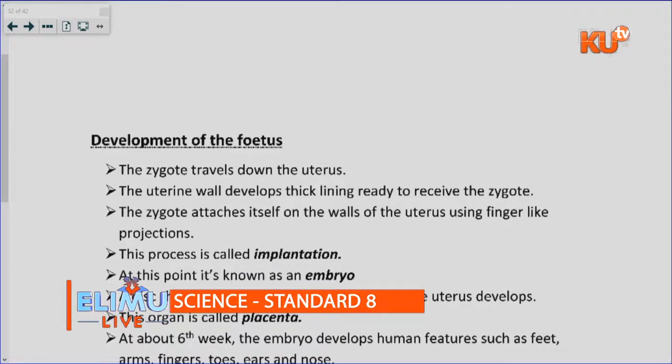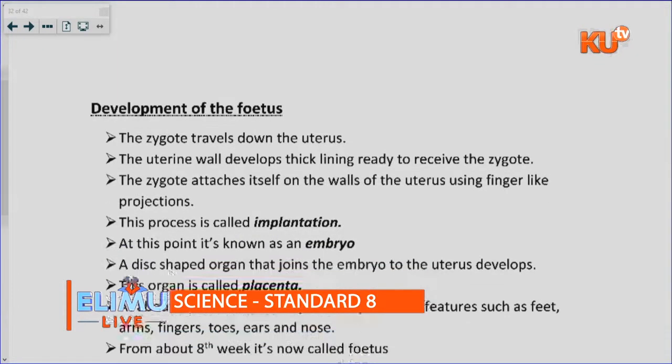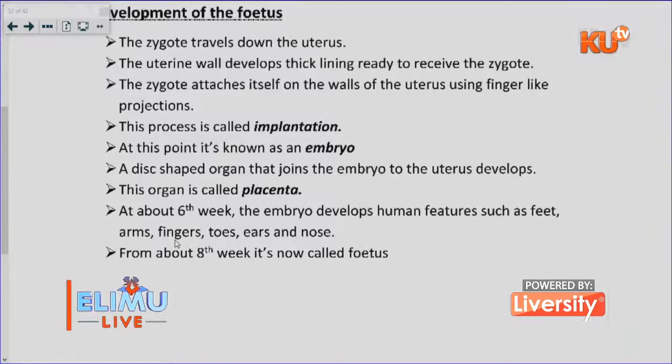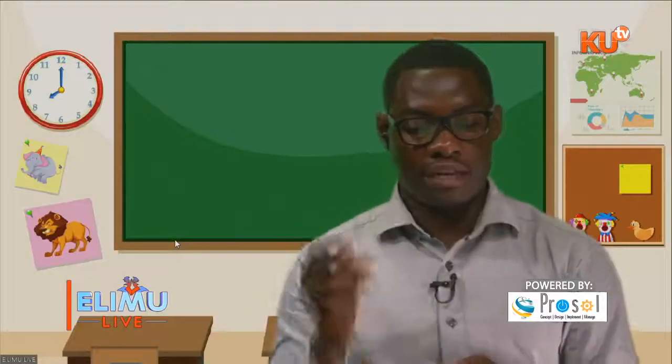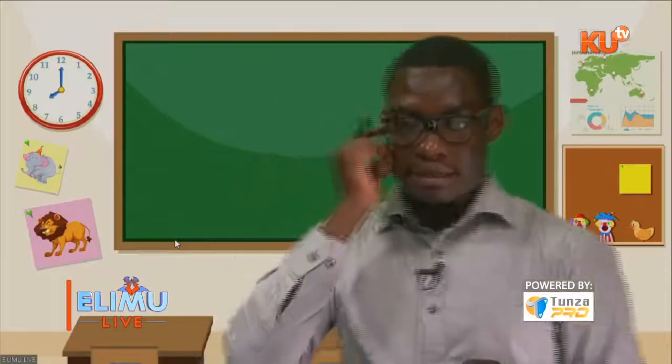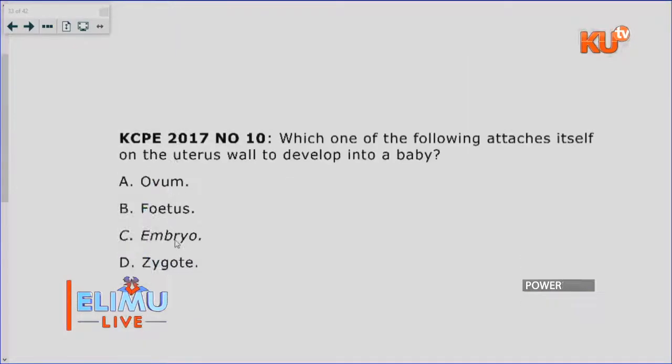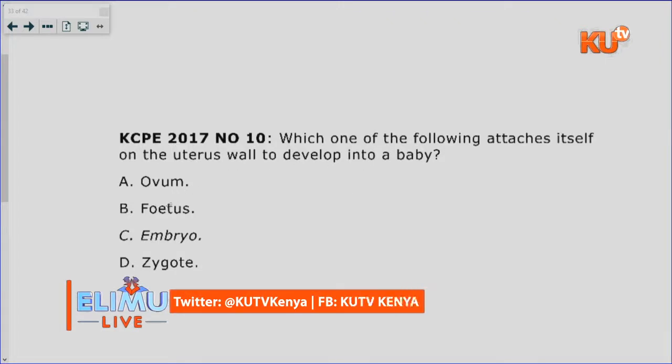The process of attachment is what we call implantation, and a disc-shaped organ that joins the embryo to the uterus develops, and this disc-shaped organ is called placenta. I want us to look at a KCP question. KCP 2017. Which one of the following attaches itself to the uterus walls to develop into a baby? The right answer is an embryo.